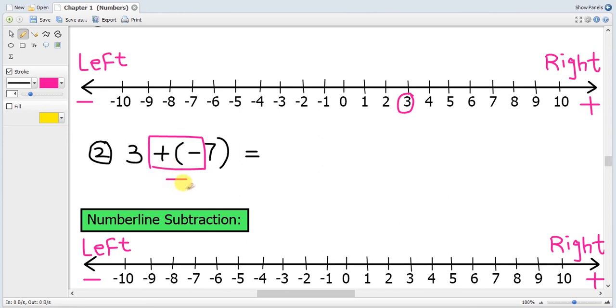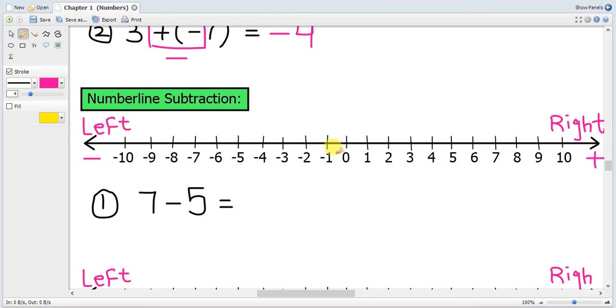Now there is no confusion. We have to move towards the left side. How many units do we have to jump? 7 units. So 1, 2, 3, 4, 5, 6, and 7. My jumps are not so good. So the number we landed on is -4. This is our answer, right?